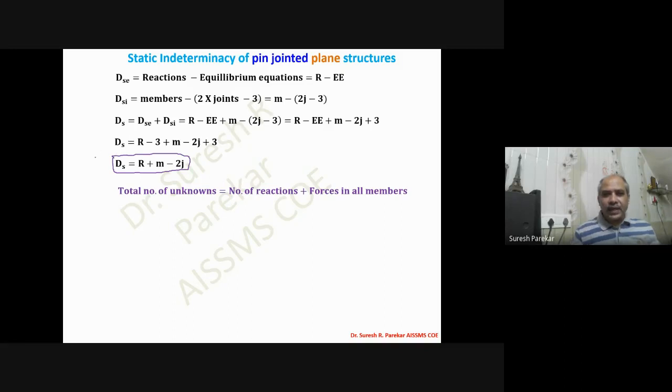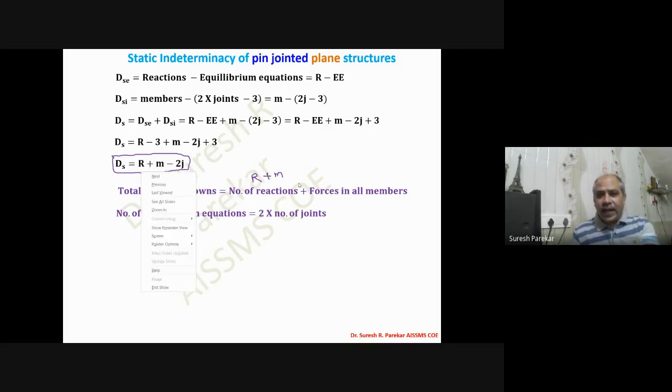Now I can write this formula directly. How will I write it directly? What are the total unknowns? I have total unknowns as reactions, and total unknowns as forces in the members. And then we have minus 2J. What is minus 2J? It is the equilibrium equations. At each joint we have two equilibrium equations. Why two?